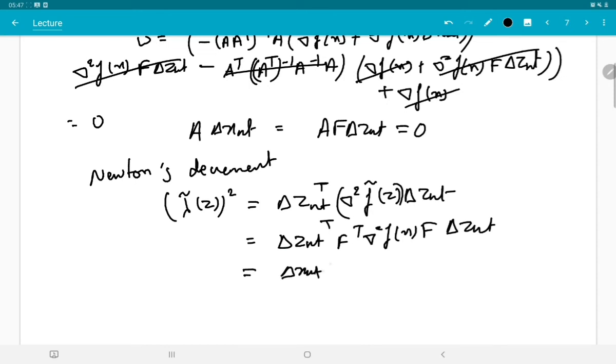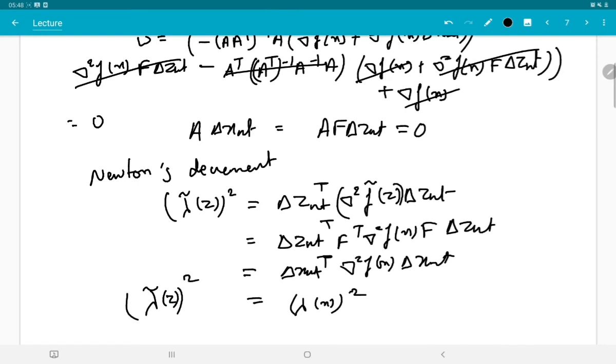So this is delta x_nt transpose del square f(x) delta x_nt, which is the same as lambda(x) squared. So Newton's decrement also comes out to be the same.